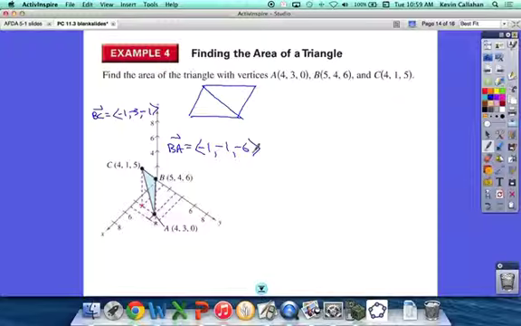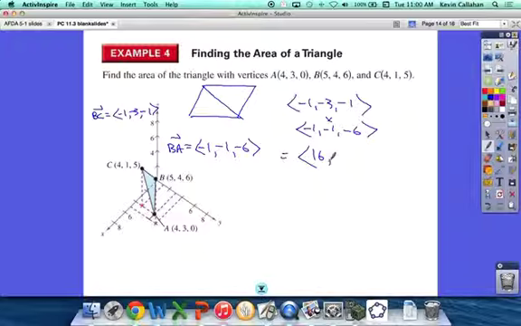Now we do the cross product. -1, -3, -1 crossed with -1, -1, -6 equals. Cover up the first. 18 minus 2, 16.